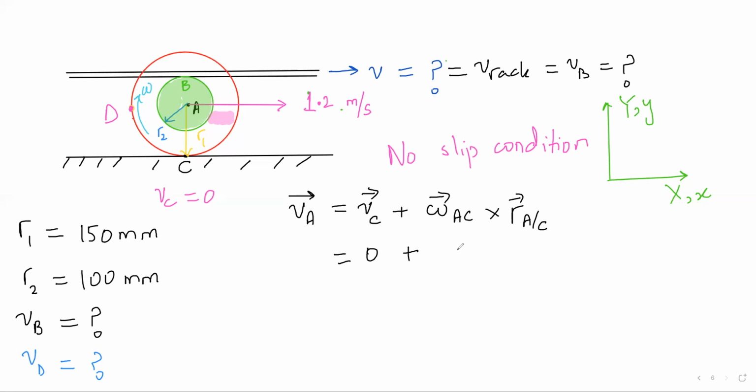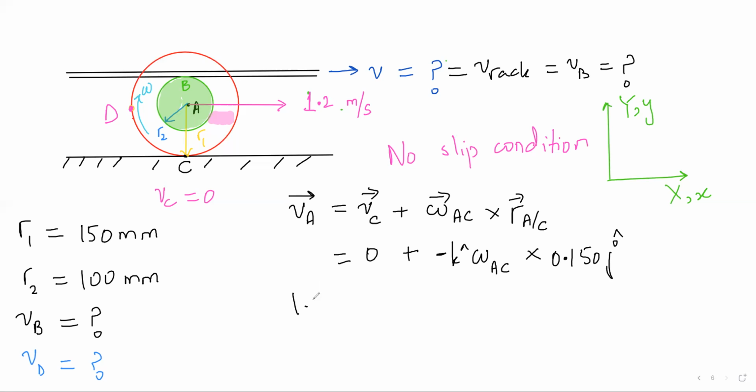omega AC is, don't know, it's going right, so probably it's going clockwise. Remove the arrow. A with respect to C is 150 in the J direction. Yes, I think you're right.